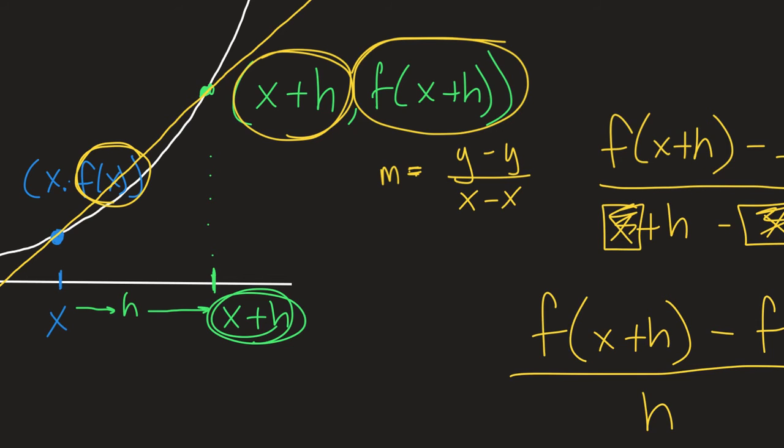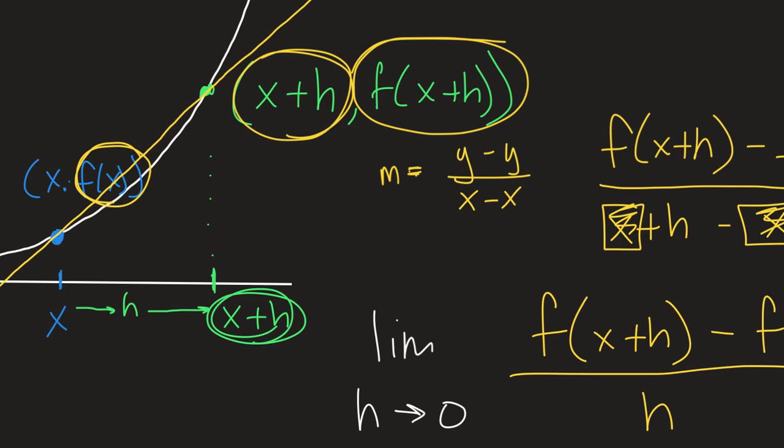Now, can you imagine in your brain, and if I had some other software it would be neat, that I took this green point and started moving it closer and closer towards my blue point? If you can imagine that happening, the h values are getting smaller and smaller. And in calculus, we call that taking the limit as h goes to 0.